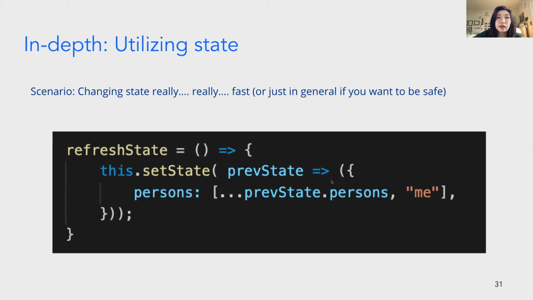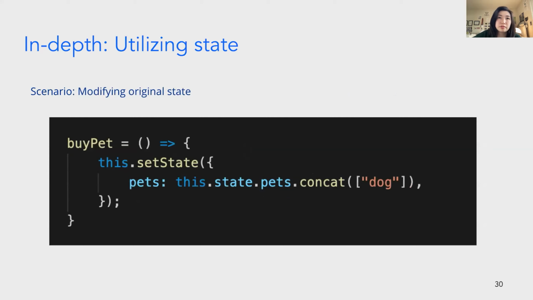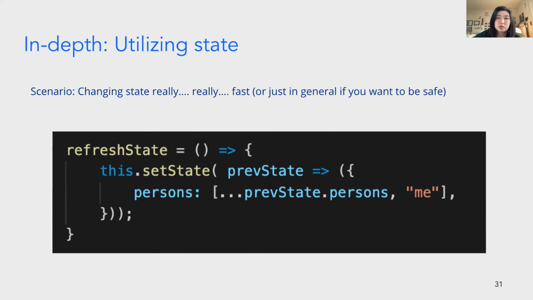So you just use prevState and an arrow function. And then this is the spread operator, like Justin covered on Monday, Tuesday, something like that. And then this is the same idea. So yeah, this is the safer option. You can use the previous one, but this option is more recommended. So yeah, previous state keyword.